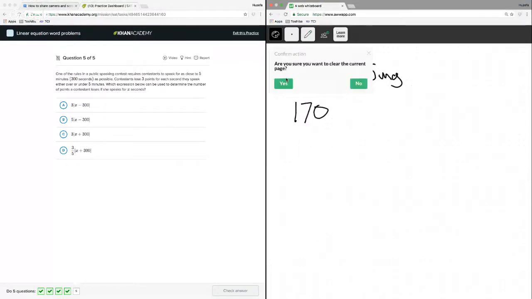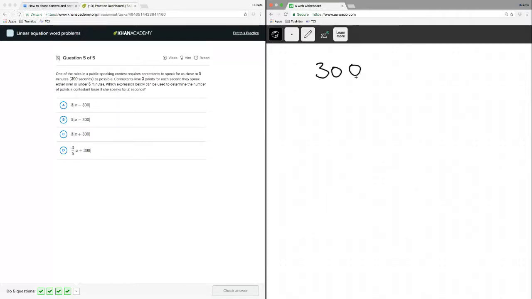All right, one of the rules in a public speaking contest requires contestants to speak for as close to 5 minutes, which is 300 seconds, as possible. I think we're talking about seconds here, so I'm going to put 300. Contestants lose 3 points for each second they speak, either over or under 5 minutes.